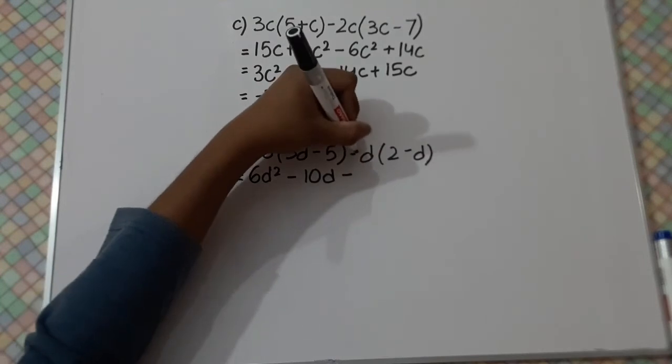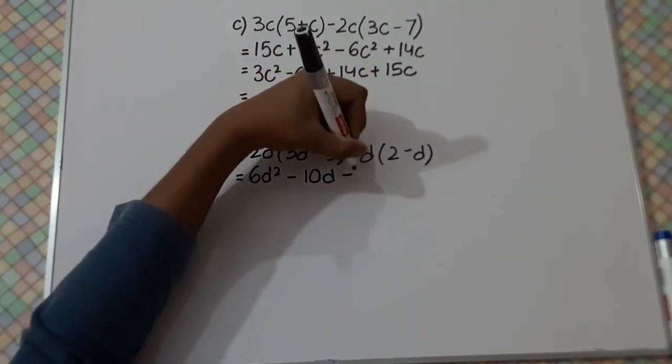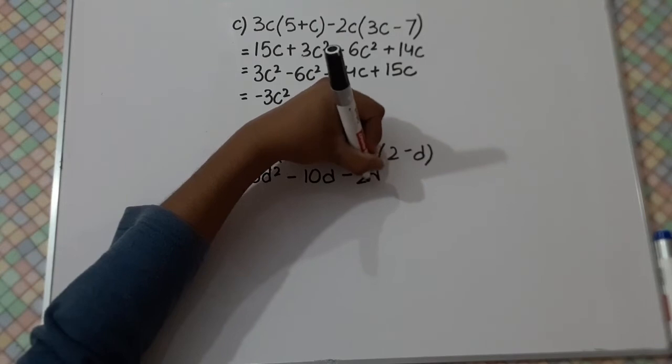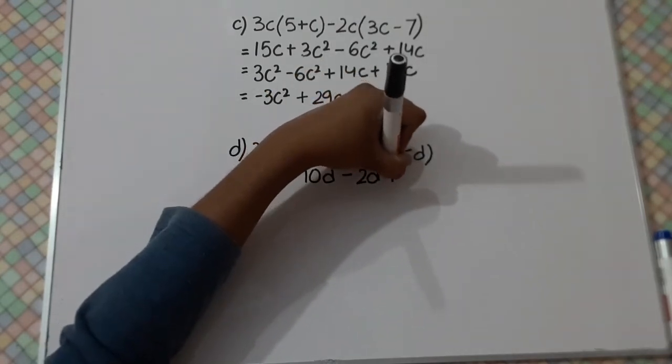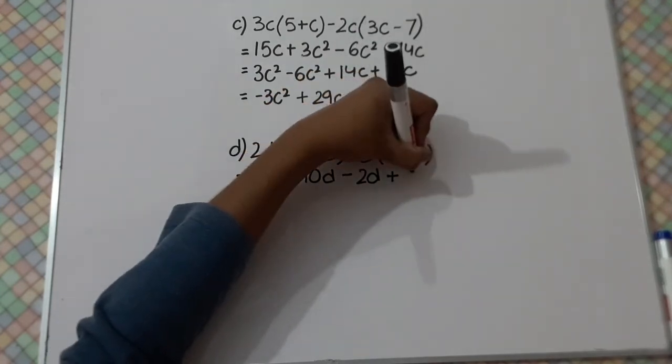Now minus d multiplied by 2 is 2d. The new sign will be minus, minus is plus. Then d multiplied by d would be d square.